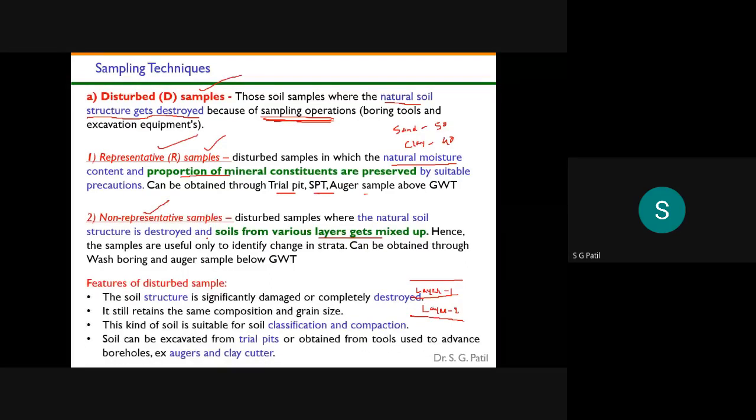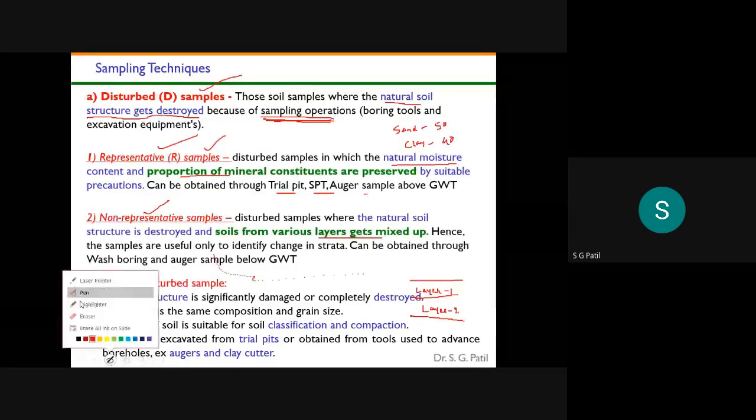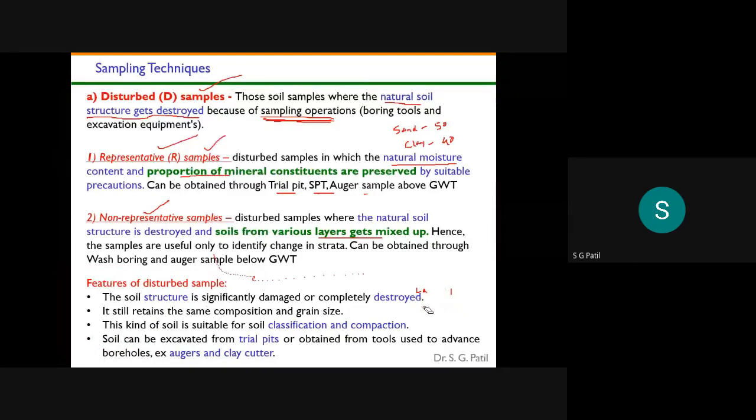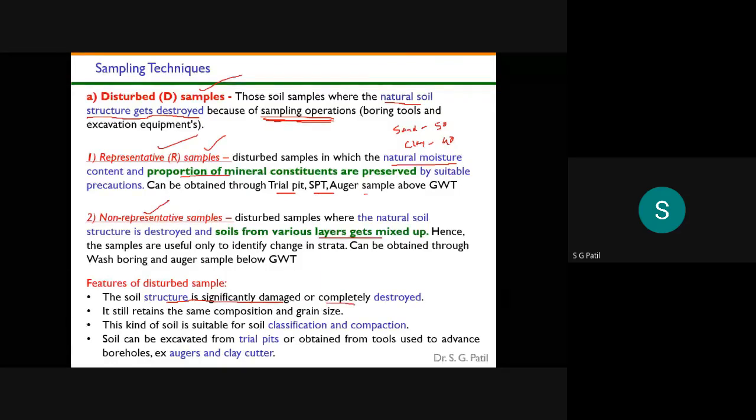What are the features of these disturbed samples? The first feature is that the soil structure is significantly damaged or completely destroyed.